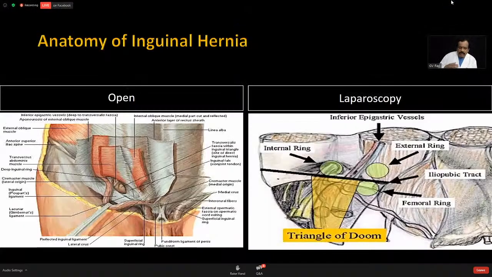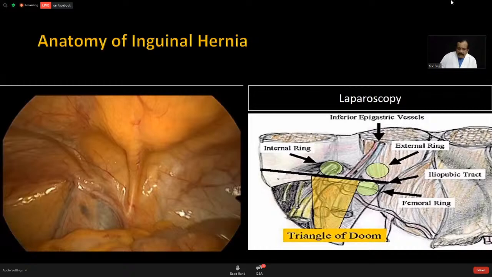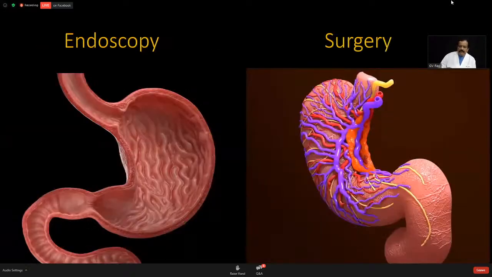It is like the open inguinal anatomy, which is totally different from the laparoscopic inguinal anatomy. We relearned the entire anatomy when we started doing laparoscopic inguinal hernia. Similarly, I think we have to rewrite the entire anatomy for these endoscopic procedures, where we go from the lumen onto the peritoneal side.